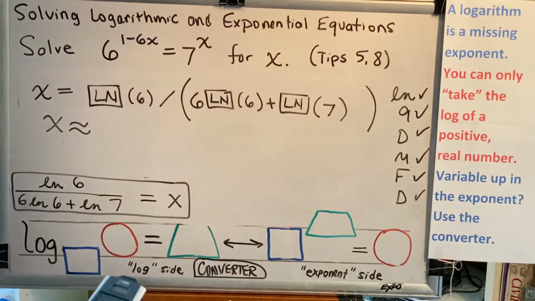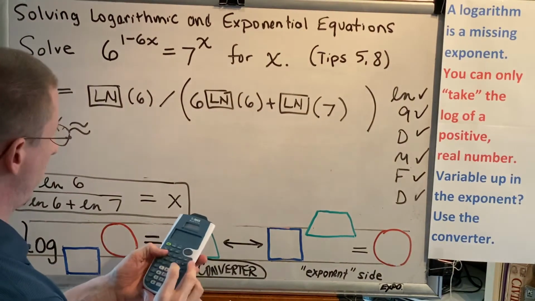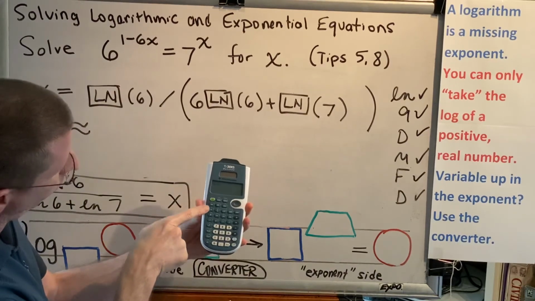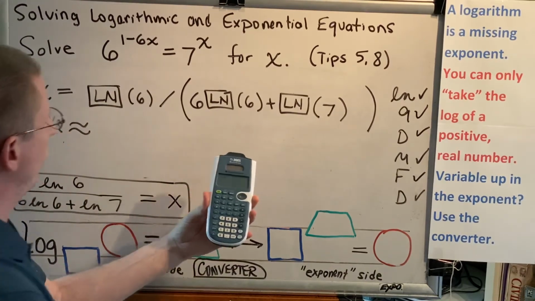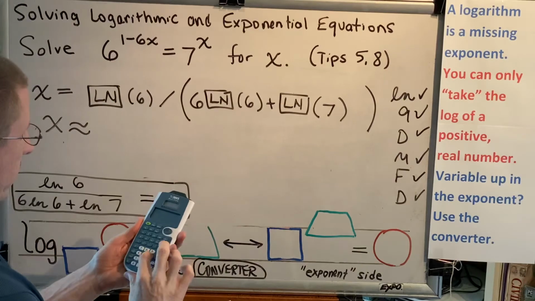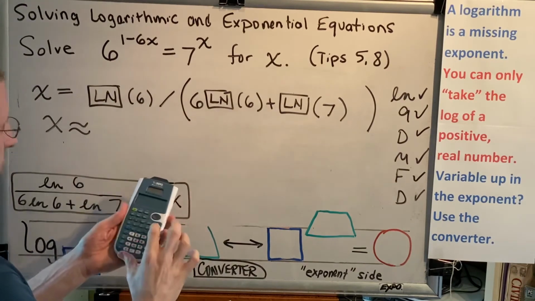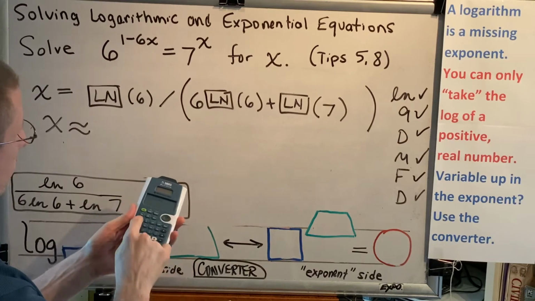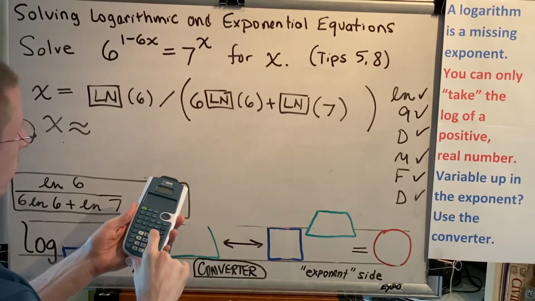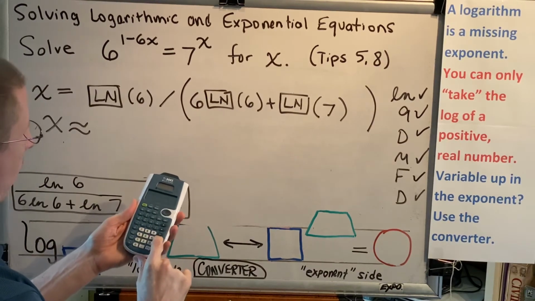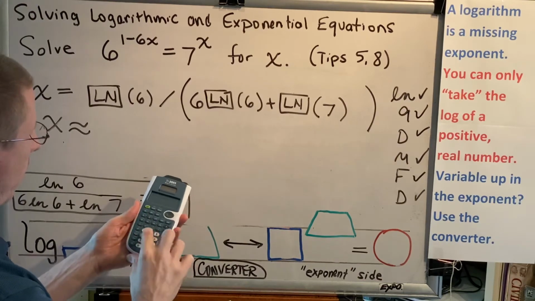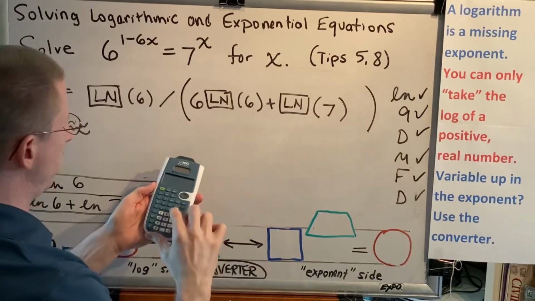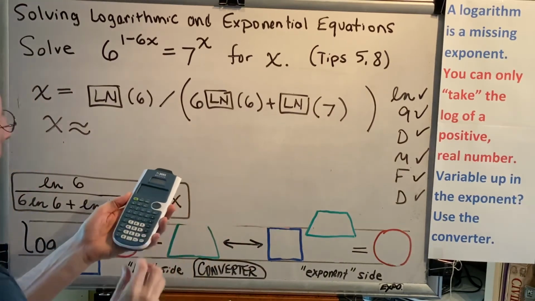Here we go. So, natural log, the ln key on this calculator is in the far left column, third button down. So I'll hit 6 and then close the parentheses, division button, parenthesis, 6, natural log, 6, close parentheses, plus natural log 7, close parentheses on the argument, close parentheses on the denominator, and hit enter.